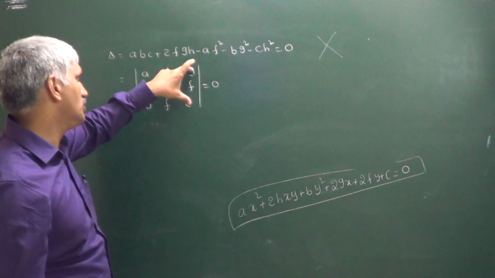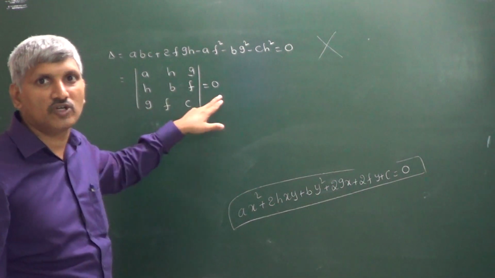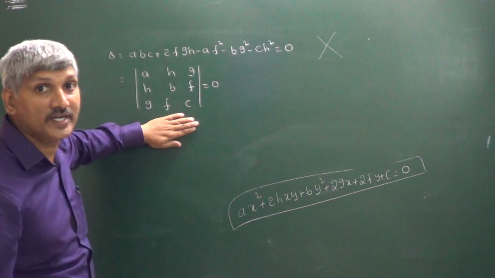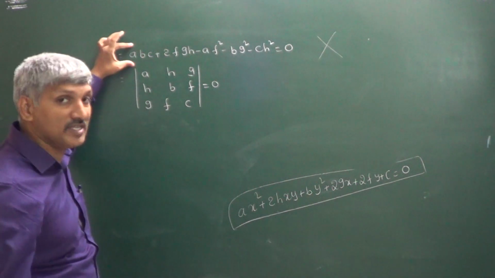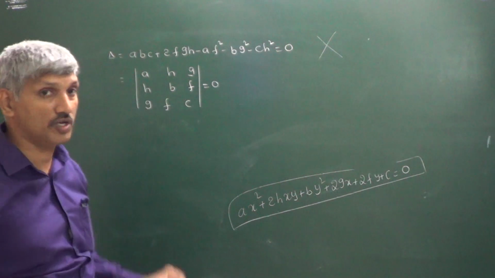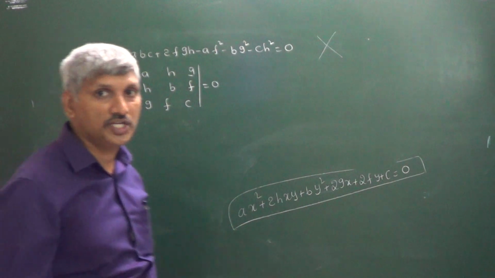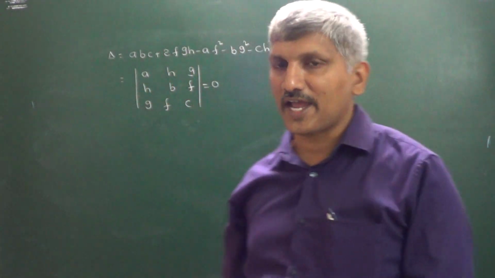So the determinant AHG, HBF, GFC is equals to 0. This determinant simplification you will get abc plus 2fgh minus af square minus bg square minus ch square is equals to 0. The general second degree equation under this condition represents a pair of straight lines.